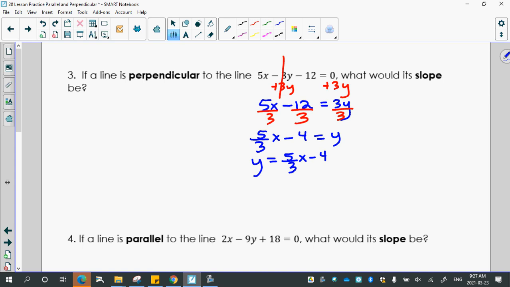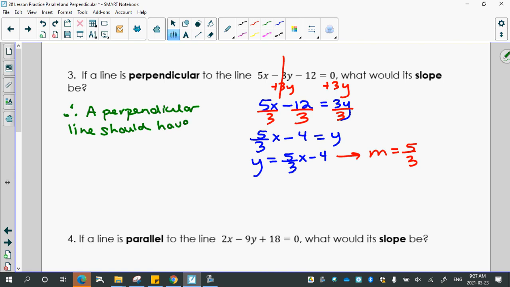Okay, so there's my switching it into y equals mx plus b. How many people got that? Okay, so that means the slope of this line is 5/3. So if it was perpendicular, we can do our therefore statement right now. Therefore, a perpendicular line should have a slope of m equals... all right, so this slope's positive.